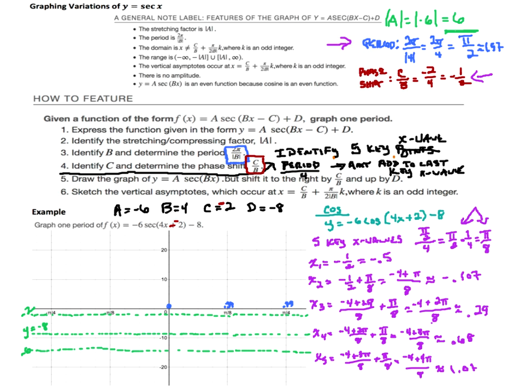Halfway between 0 and 0.39, right here, this is about 0.19. And then halfway between that is about 0.095.